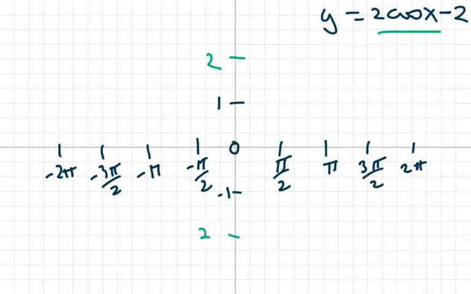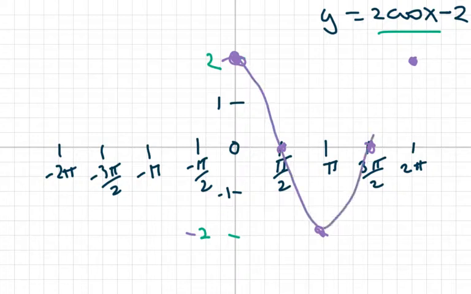We already know what cosine looks like, so we're going to start at 2, go to 0, down to negative 2, up to 0, and back up to 2 here. And then you graph it like this, make it curvy. There's that portion, and let me go ahead and continue on this side.